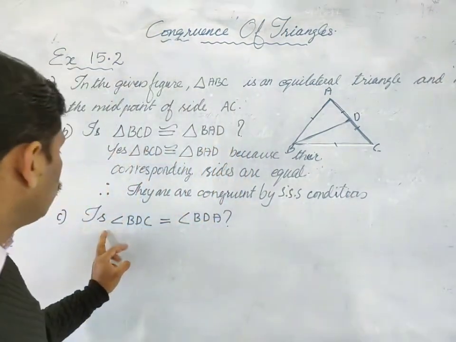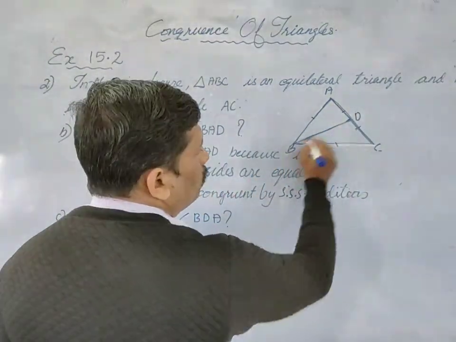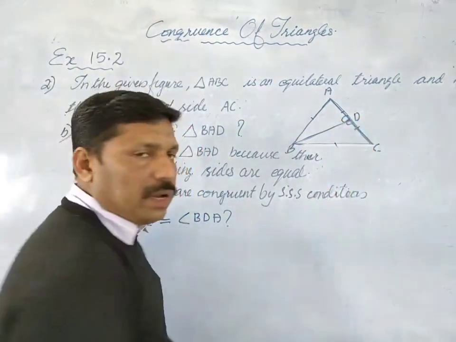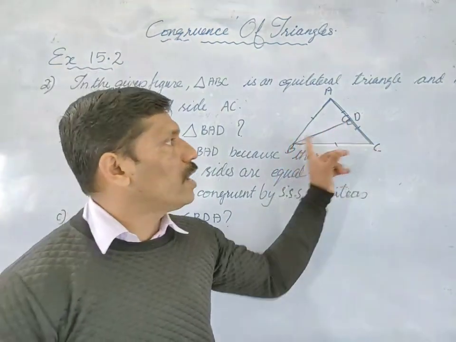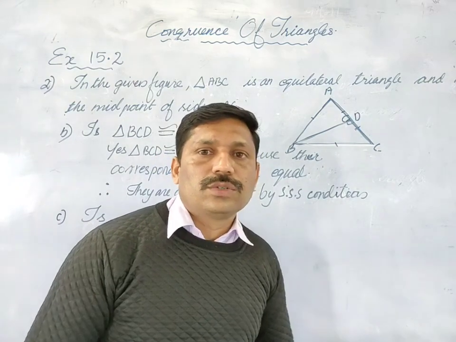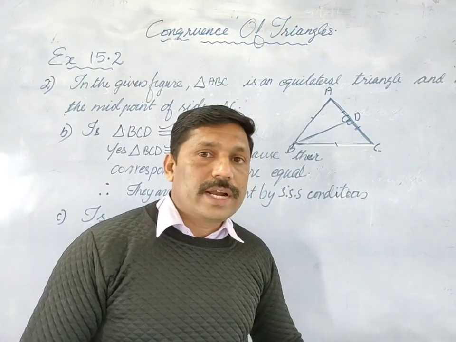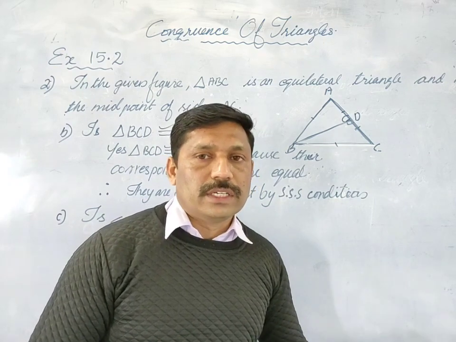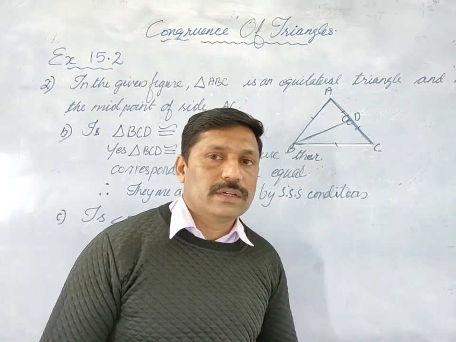And next question, question C: is angle BDC and angle BDA equal? Yes, we can say that these two angles are equal because you have studied that if two triangles are congruent, then their corresponding angles are also equal.